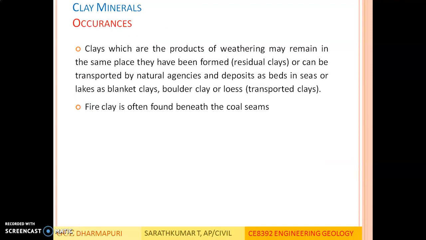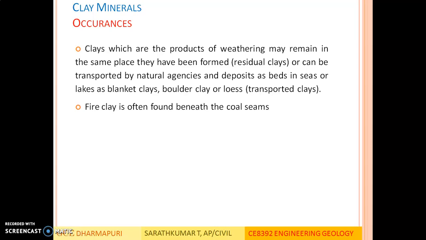Occurrences. Clays, which are the products of weathering, may remain in the same place where they were formed or can be transported by natural agencies and deposited as beds in sea or lakes as blanket clays, boulder clay and loess. When a primary mineral is weathered, it results in clay.